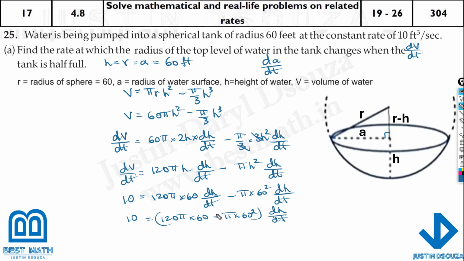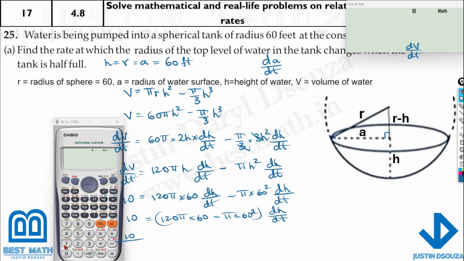Now this entire thing goes down here: 10 divided by 120 pi times 60 minus pi times 60 squared. So what is 120 times 60? I'll just use the calculator here. 120 times 60 is 7,200. And here we have 60 squared, that is 3,600.